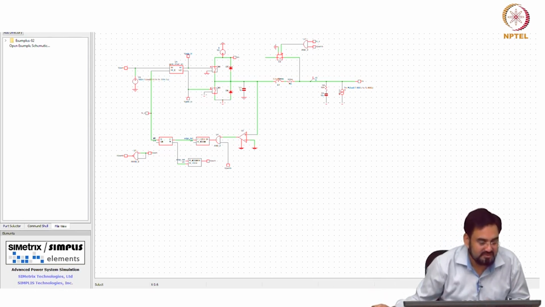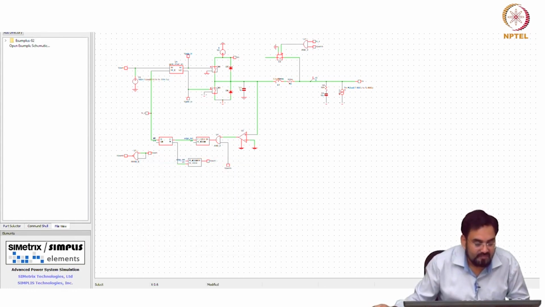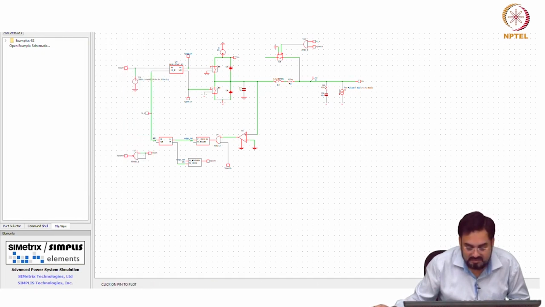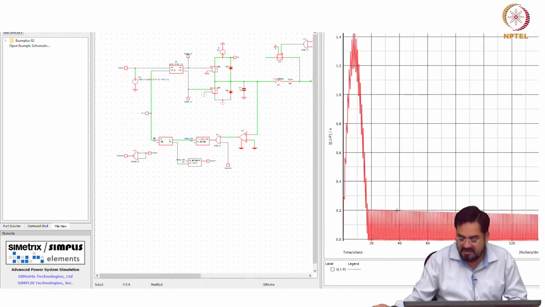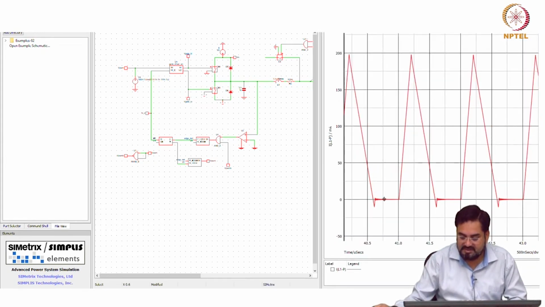So I'll just show you. So this is my current, and you can see it is stopping at 0. Which means my 0 cross comparator is working fine.